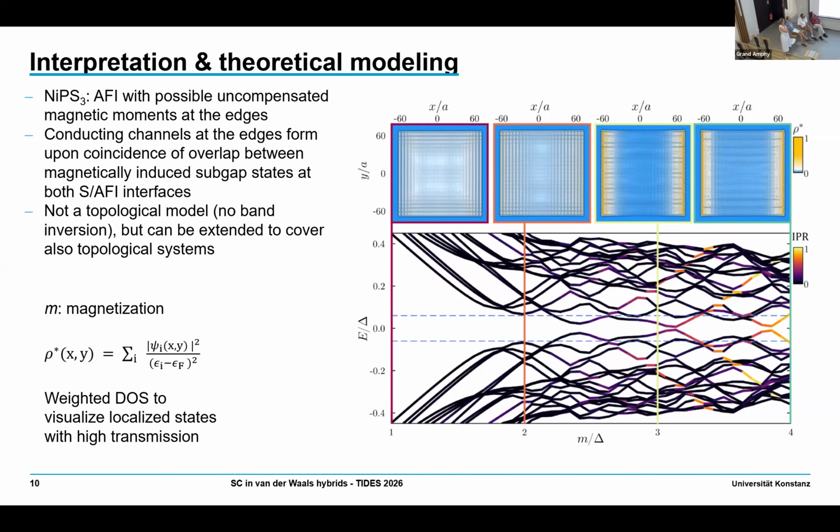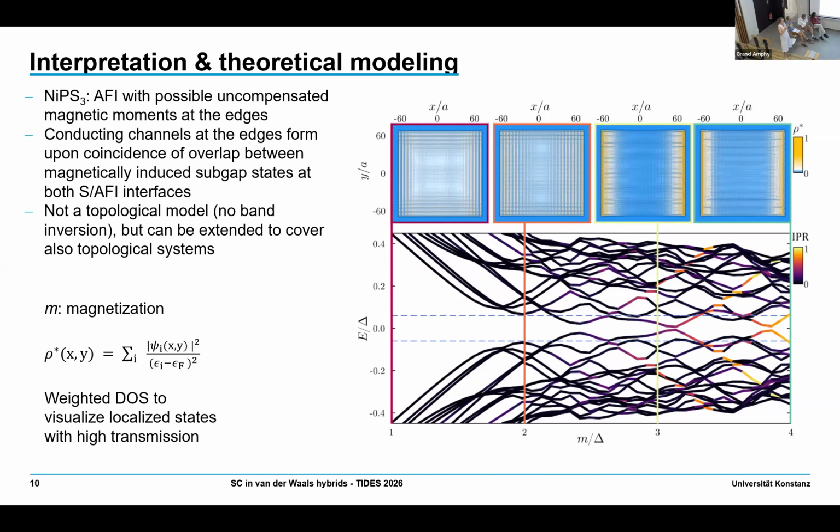The way to visualize this is in this plot. What is plotted is a weighted density of states, weighted by the energy difference to the Fermi energy, with the argument that states which are really close to the Fermi energy most likely give conduction channels. The idea is that we have two interfaces, between the bottom superconductor and the insulator, and between the insulator and the upper one.